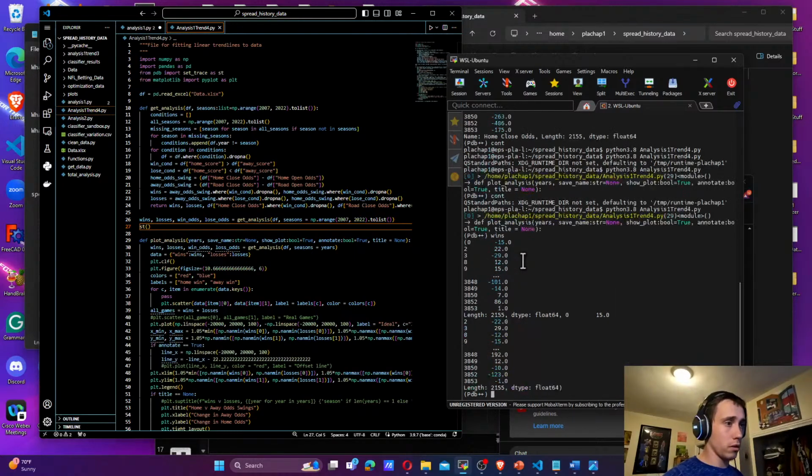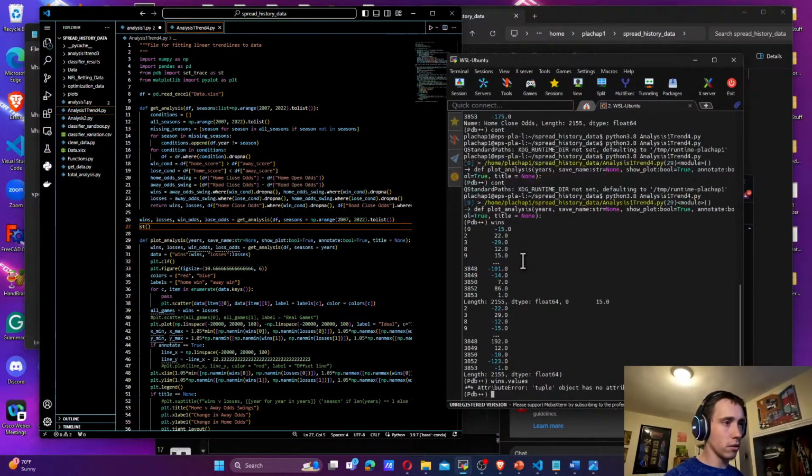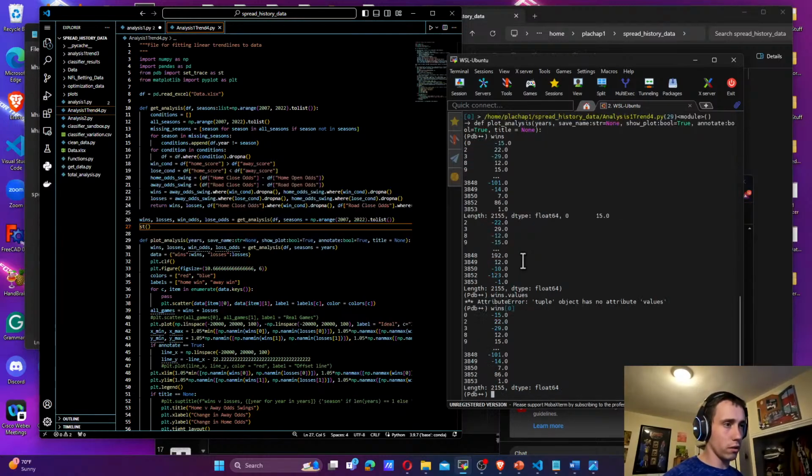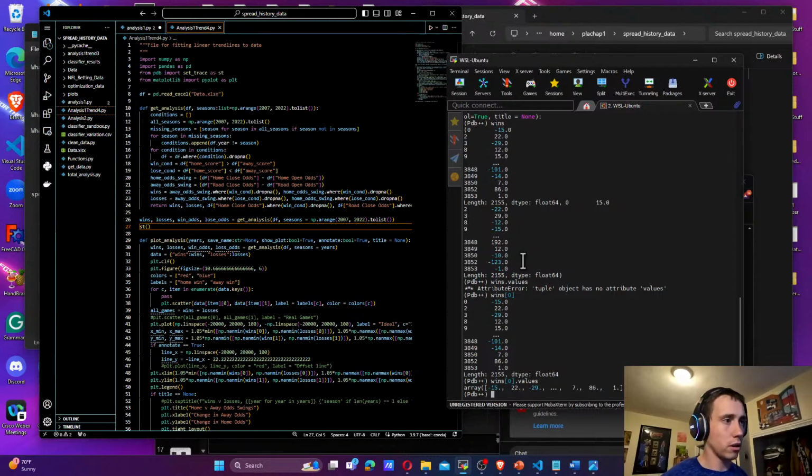Now wins. Wins dot values. Wins of 0 dot values. So for home team wins, okay, so this is just the away change in odds.